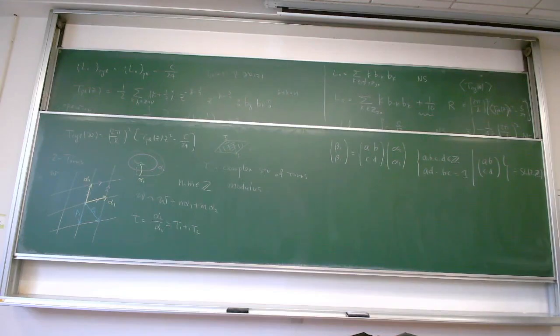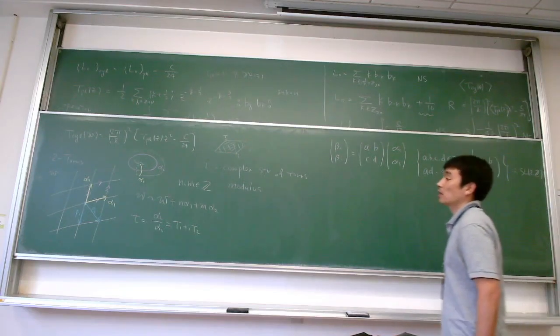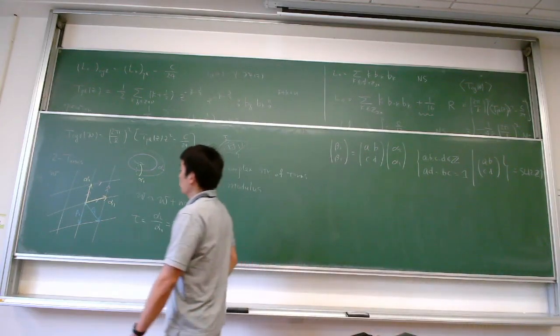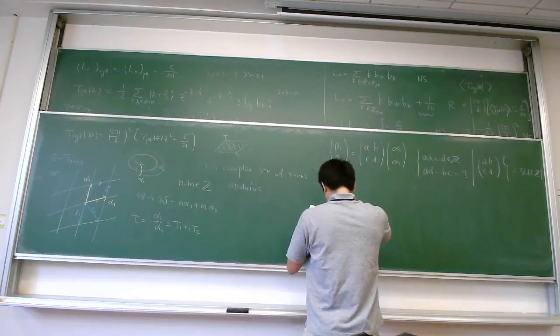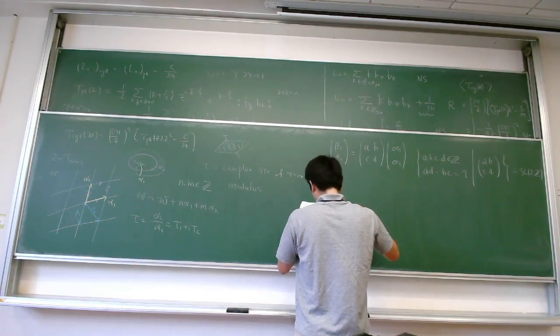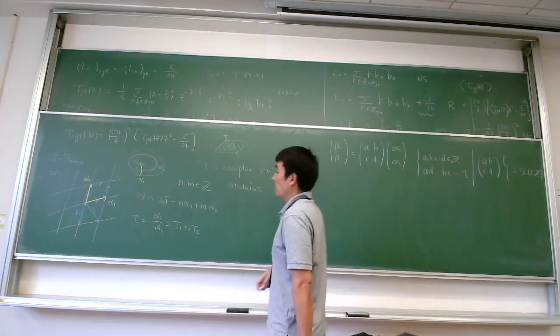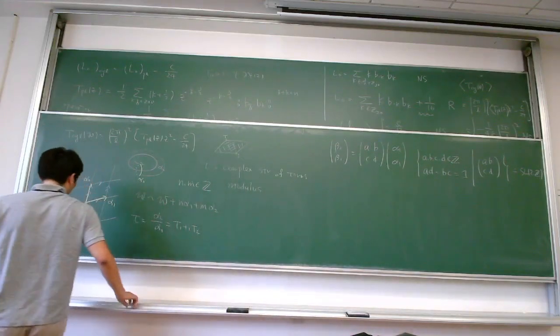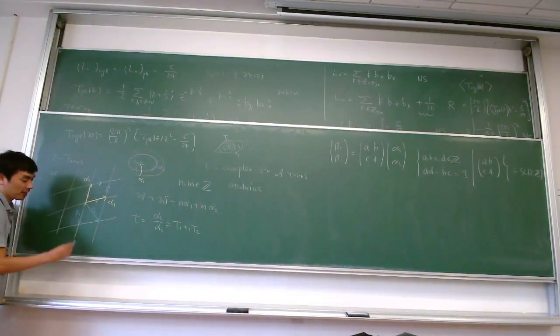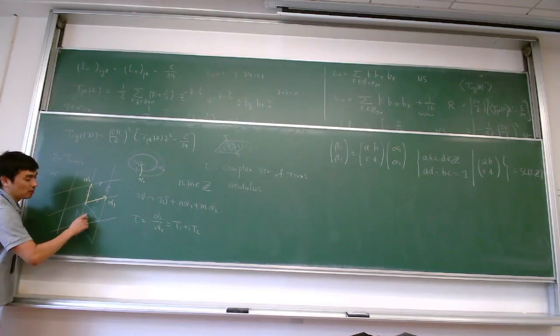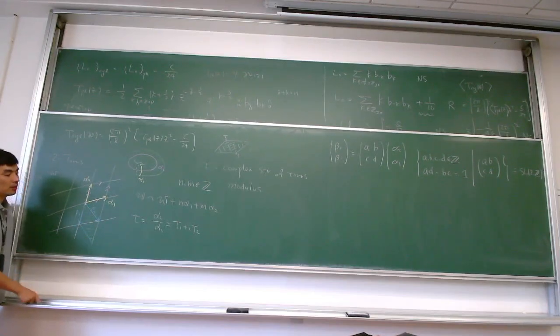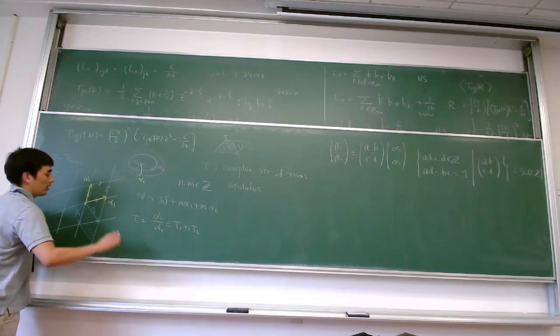On the other hand, if you take alpha 1 and alpha 2 like this, the torus shape can become like this, instead of just taking it this way.